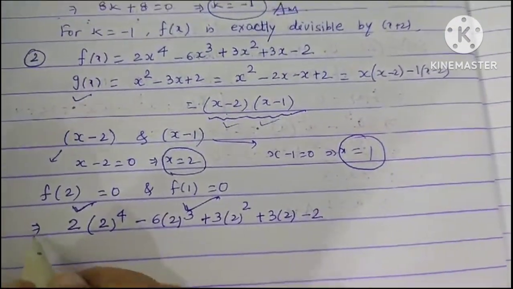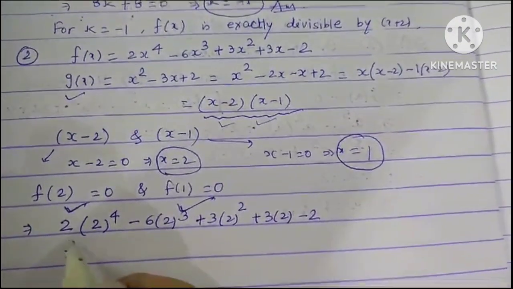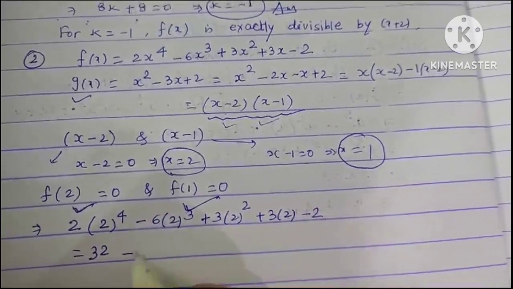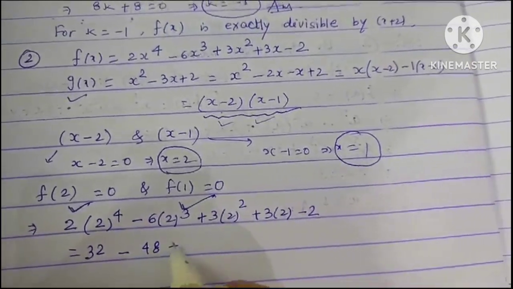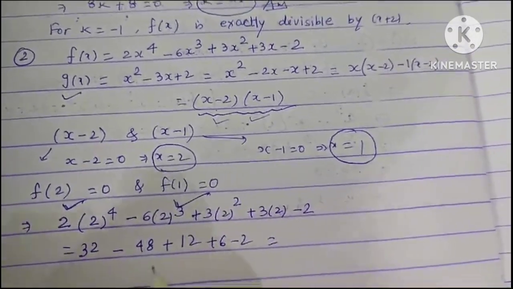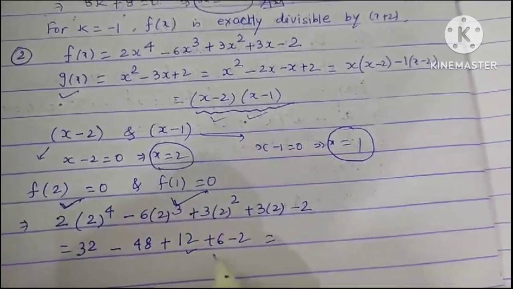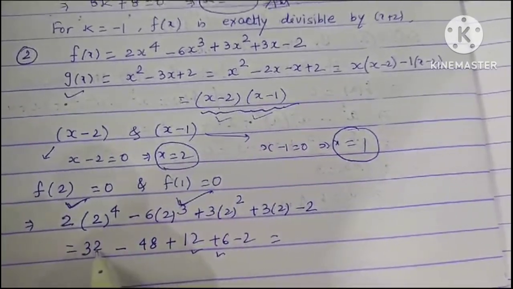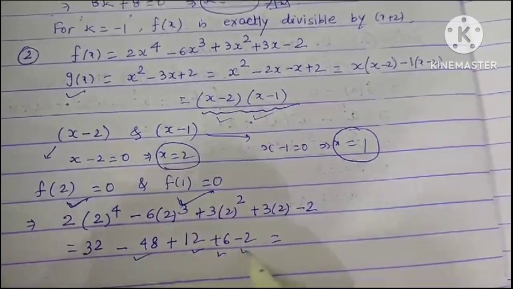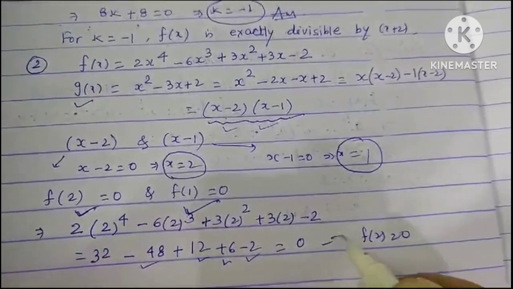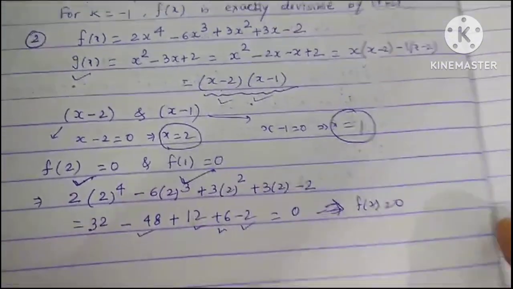That is equal to 32 minus 48 plus 12 plus 6 minus 2. Let us see how much it comes. 12 plus 6 is 18, 32 plus 18 is 50. 50 minus 50, this is equal to 0. Means f(2) equal to 0.